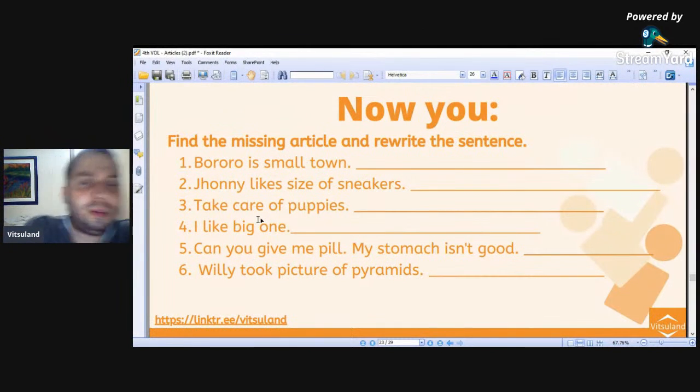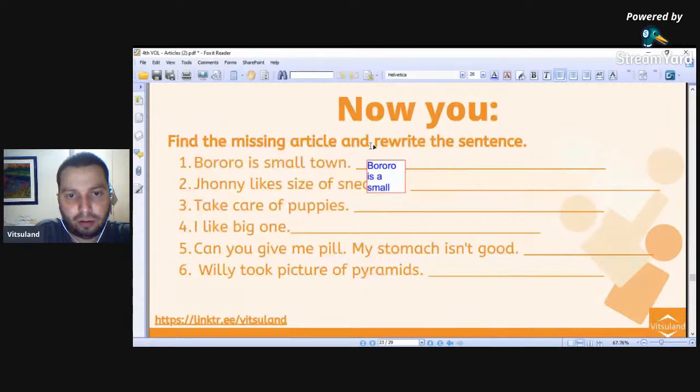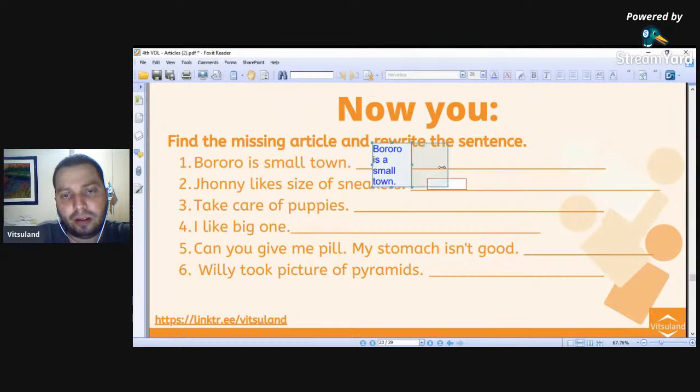So Bororo is a small town. Because we are talking about a characteristic, but it's a common one, not specifying it. So a small town.